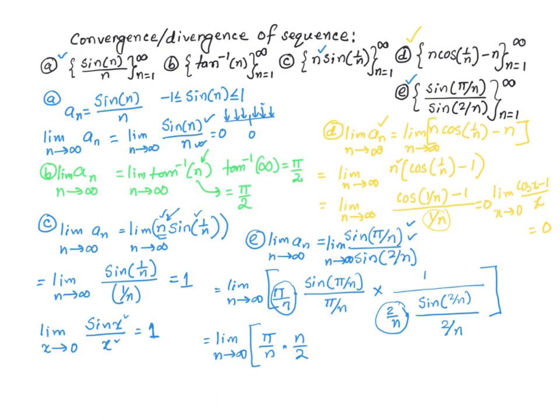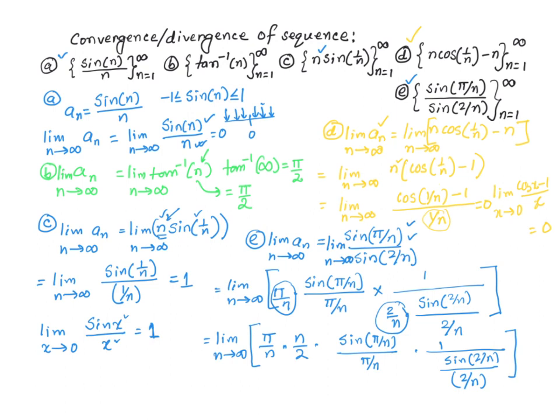Times sine of pi over n divided by pi over n, times 1 over sine of 2 over n divided by 2 over n. Now, you know the limit formulas. The limit of a quotient is equal to the limit of the numerator divided by the limit of the denominator. So we could go ahead and use that.